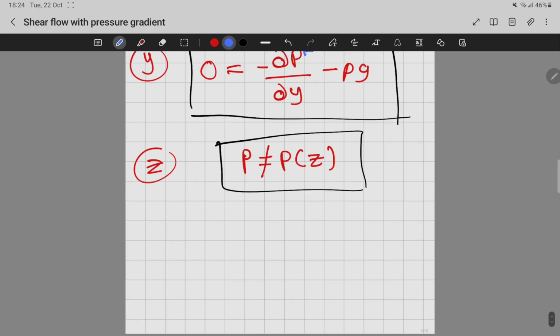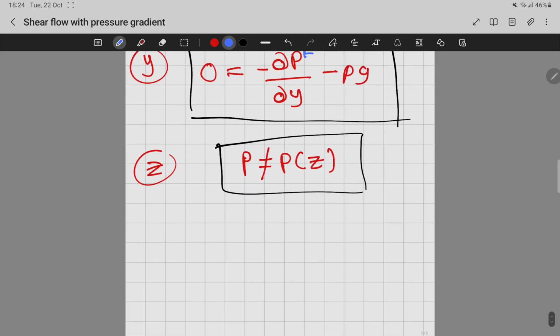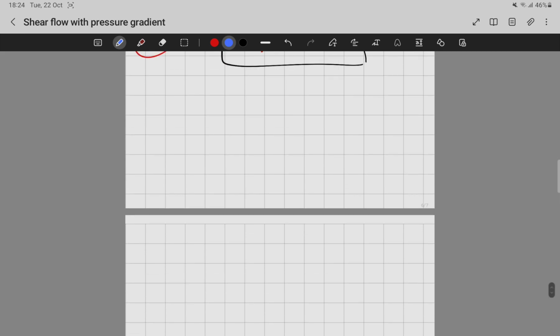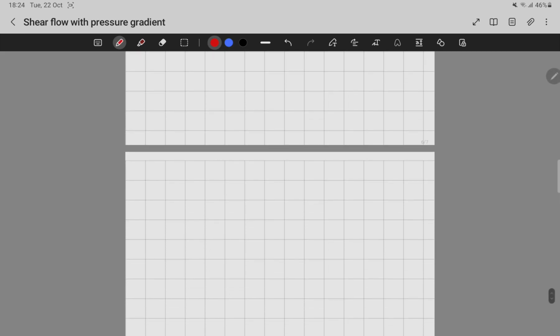So let's solve this equation using standard methods of ordinary differential equations. Once again, let's remind you that dp/dx is going to be equal to a constant.